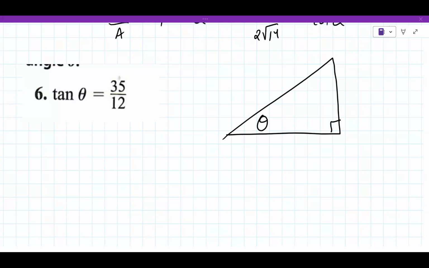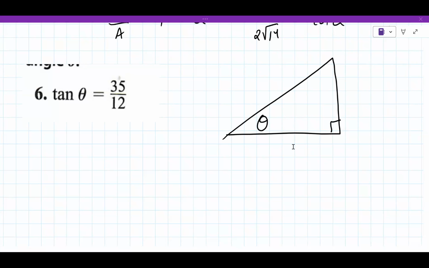Now, tangent refers to what over what? Is it opposite, adjacent, or hypotenuse? Opposite over adjacent. Yes.